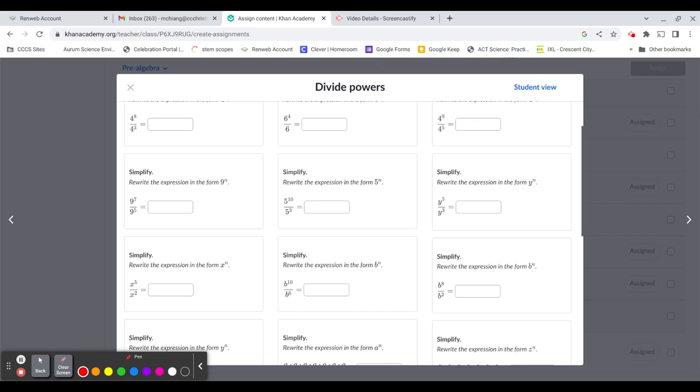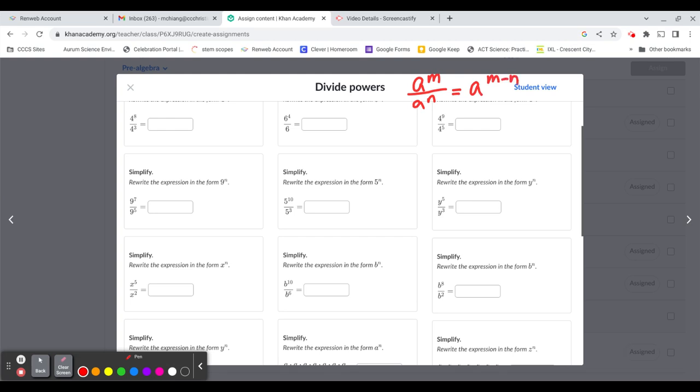Now we're looking at dividing the power. So dividing the power, you write your formula, a to the power m over a to the power n. When we multiply the same base with different powers, we add the powers up, right? So when we divide the powers, we subtract the powers.